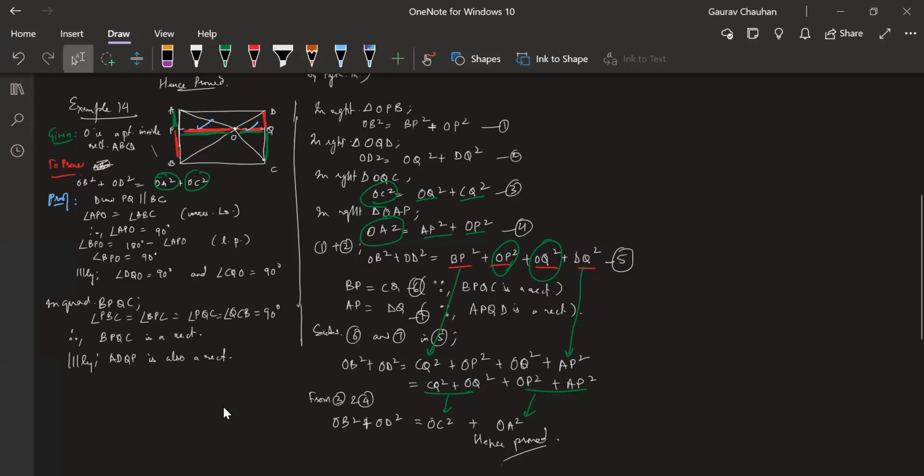In this case, the rectangle property was there, which helped you identify that. This is a small, simple proof, but it's heavily algebraic. It's more about identifying which square to add with which square, which square to subtract, and so on. But it's fun, it's simple.